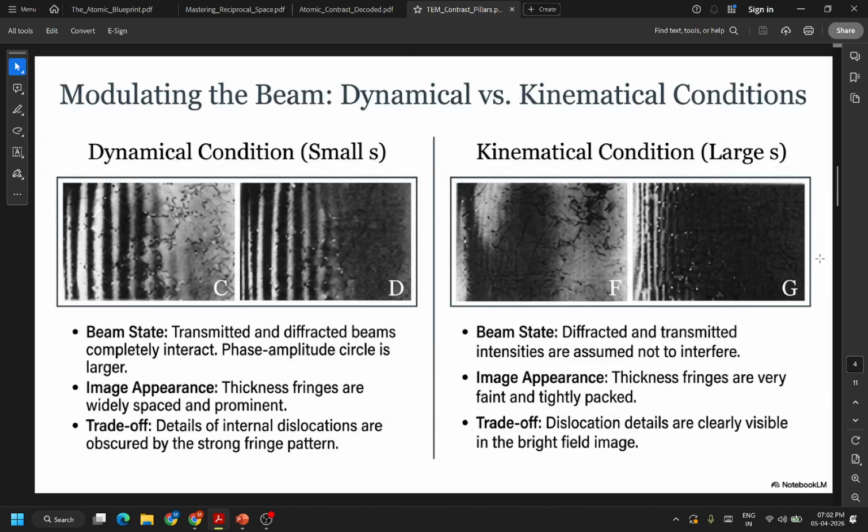Whereas in the kinematic condition, diffracted and transmitted intensities are assumed not to interfere. Thickness fringes are very faint and tightly packed, and dislocation details are clearly visible in the bright field image because they are not obscured by the fringes.